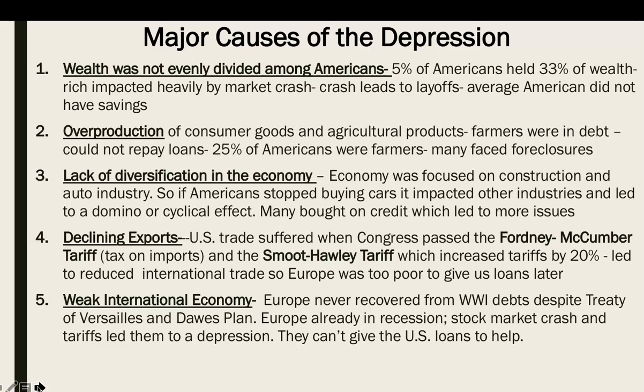Some of those European countries actually own stock in American businesses. So when our stock market crashes, it has a worldwide effect and they lose money as well. And it's also, since they're already struggling, why they're in the position where they can't help us to recover from the stock market crash and from the depression that ensues. They can't give us any loans because they're already still in this difficult position from World War I.